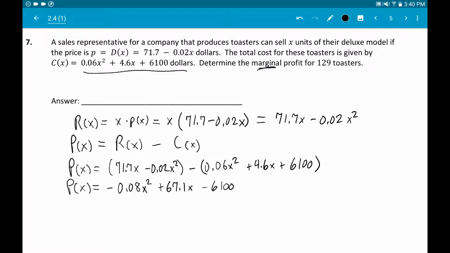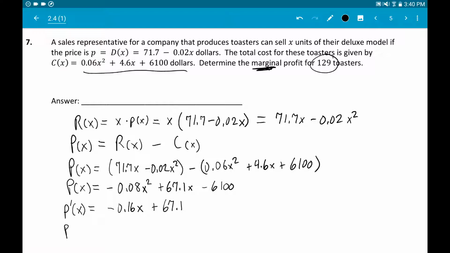We need again marginal, so that's the derivative. So the derivative of negative 0.08x squared is negative 0.16x. Derivative of 67.1x is 67.1, and the derivative of negative 6,100 would be 0. And lastly, they're asking us for the 129th item.